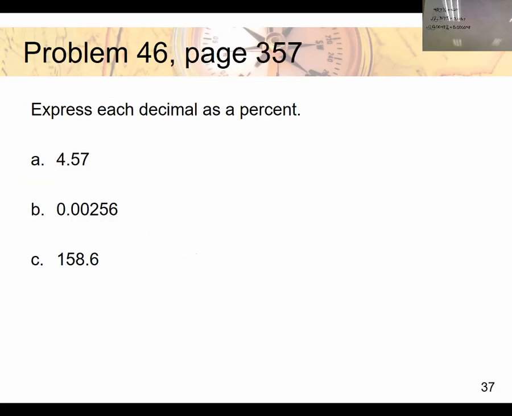Okay. So let's say we want to try these particular problems, like problem number 46 on page 357. Here we're going to express each decimal as a percent.